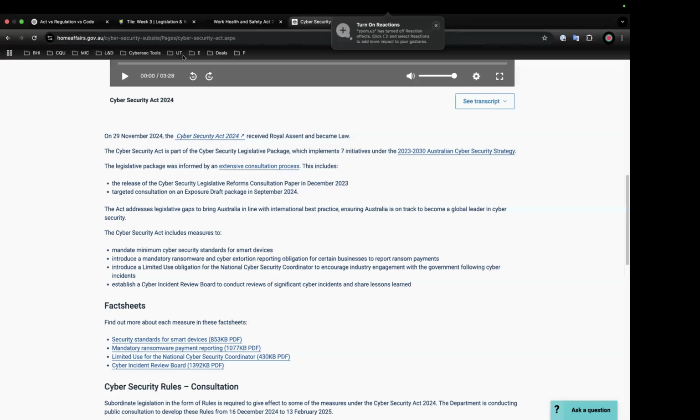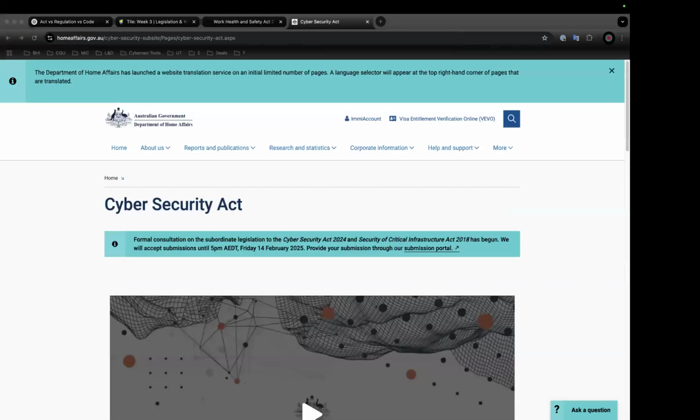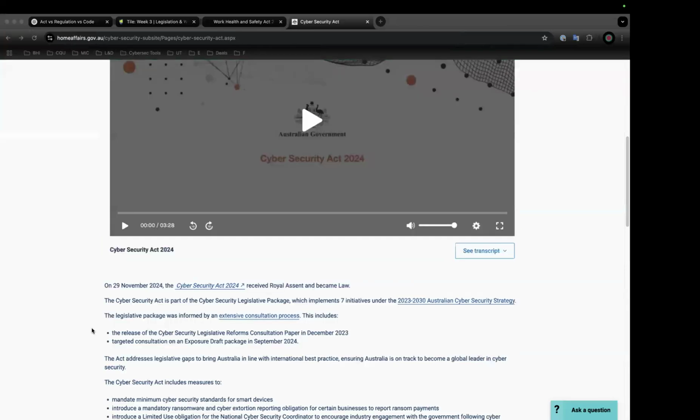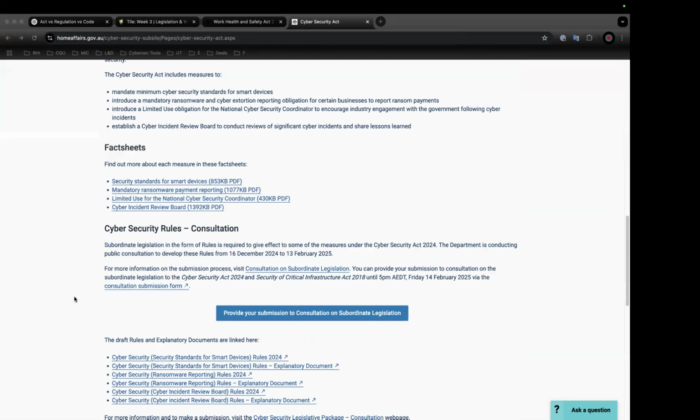If you want to have a read through this document, it should be in here somewhere. And companies now face significant fines if they suffer a data breach as well. So there's more duty of care to be taken in regards to the privacy of your customers.